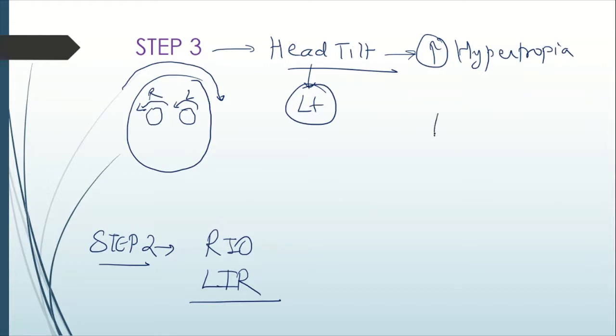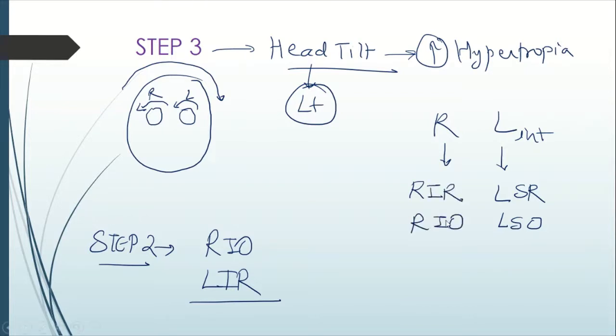So for my right eye and left eye, if my left eye is intorting, which muscles could it be? Superior is intort. So it will be which muscle? Left superior rectus, left superior oblique. Whereas for the right eye, those will be extorters. That will be the right inferior rectus, right inferior oblique.